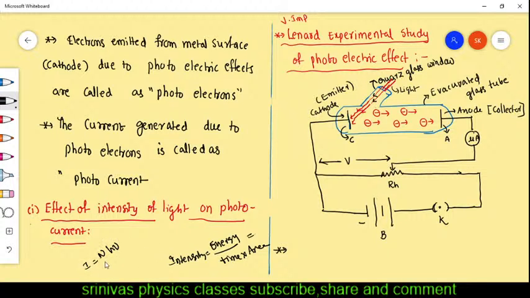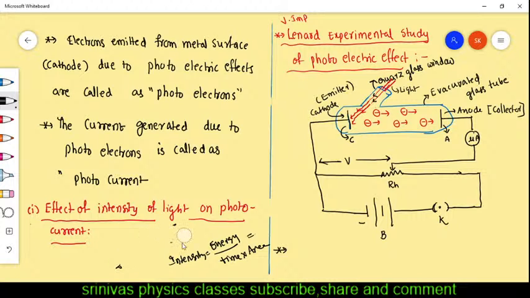Light travels in the form of particles according to quantum theory. Each particle is called a quantum, and each quantum has energy h nu. If n photons are there, then n h nu is the energy, divided by time into area. Here n is the number of photons. Intensity is proportional to the number of photons, so when the number of photons increases, intensity also increases, right?